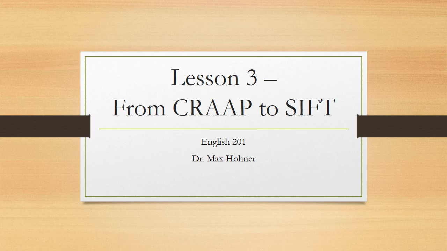The third thing we're going to review, kind of building on critical reading as another important part of rhetoric, is analyzing the credibility, authority, reliability of the information you see.